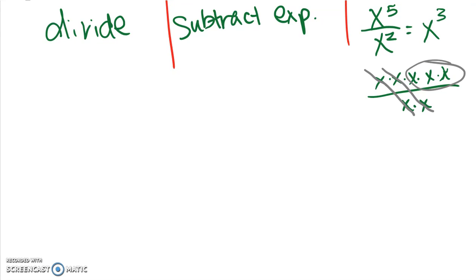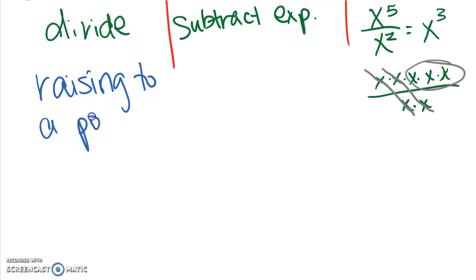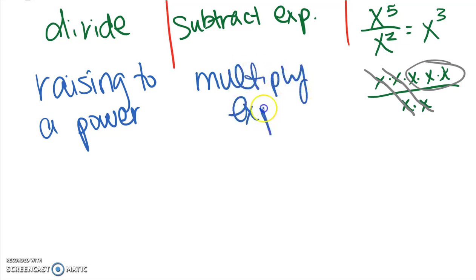Then the last one is raising to the power. And this is where you multiply the exponents. So an example would be x to the 5th squared.